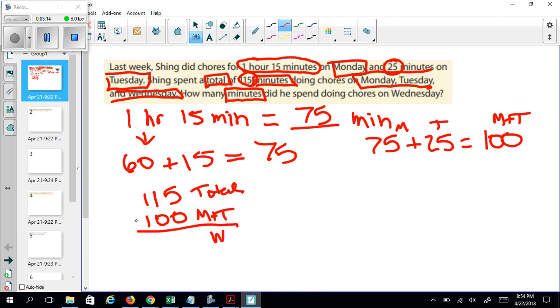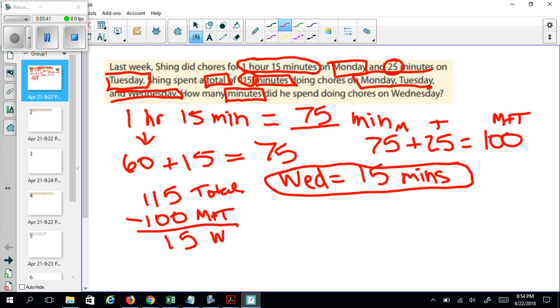So I'm going to add, subtract, multiply, or divide here. We're going to have to subtract. So I have 115 minus the total for Monday and Tuesday, which is 100 minutes. So when I subtract that, I have 15 minutes for Wednesday. Okay, so Wednesday, he did chores for 15 minutes. Okay, and that is our answer.